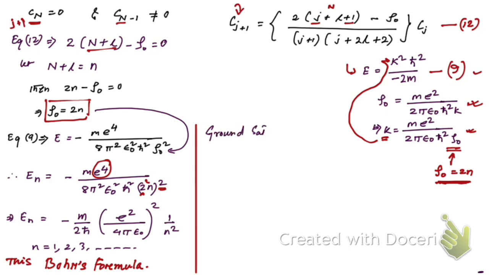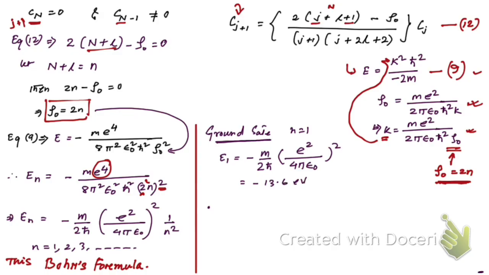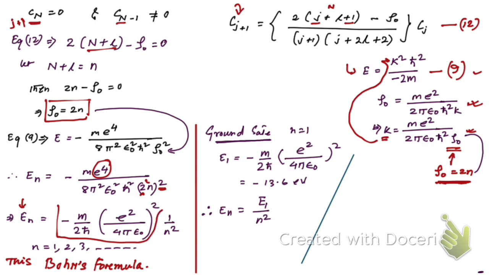At ground state, n is equal to 1, so if you put that, you will get approximately minus 13.6 electron volt. And so En can be expressed in terms of E1 like this, because this part is nothing but E1. Here you see we have put that one.